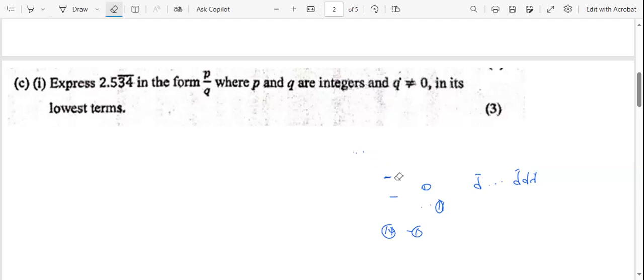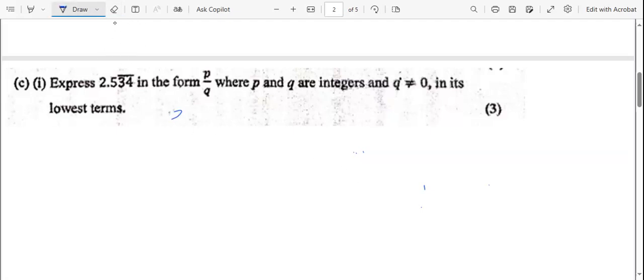Let us see now what I'm trying to talk about. I can say A or B or C, but since some of you are used to X, I will write X. So X is given as what we have there, 2.5, then 2.534, with the bar.